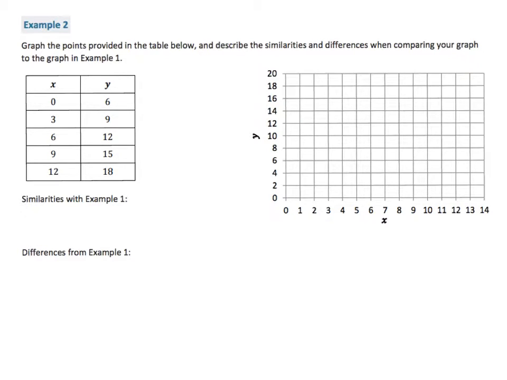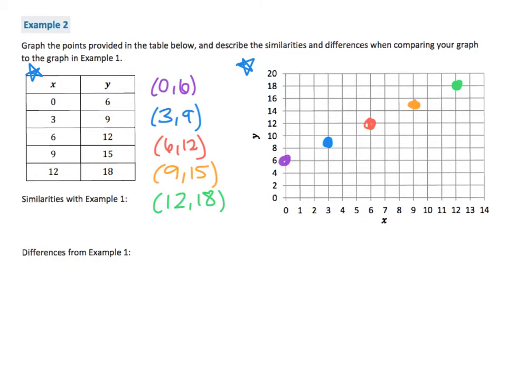In example 2, it asks you once again to graph your points provided in the table. So what I want you to do is pause the video and graph the points from our table onto our graph. So you'll notice that I went ahead and graphed our 5 points, and then I'm going to draw a line connecting them.